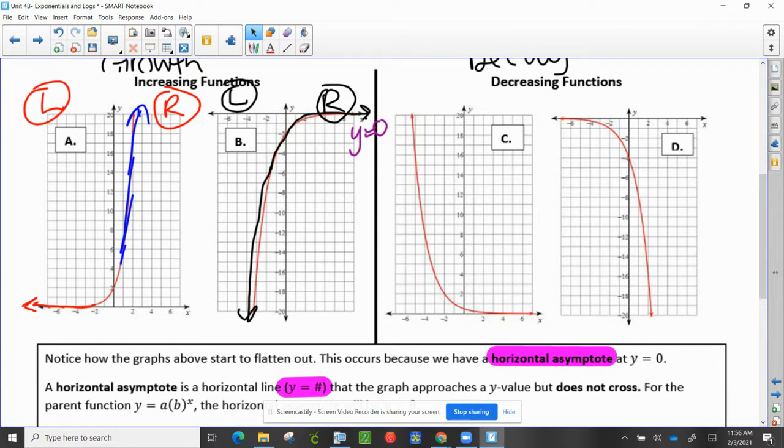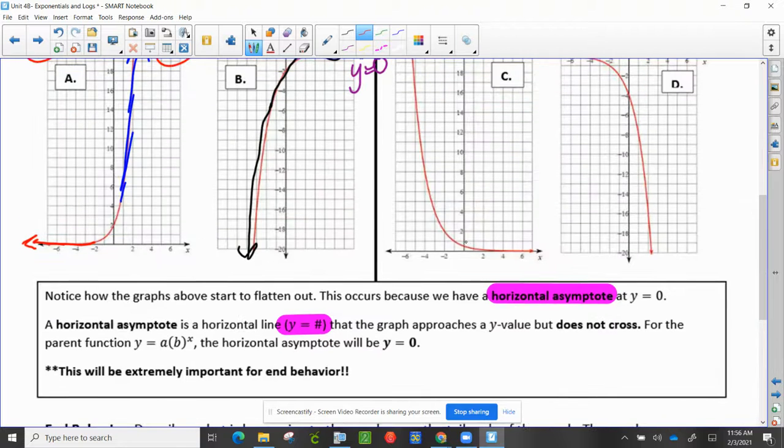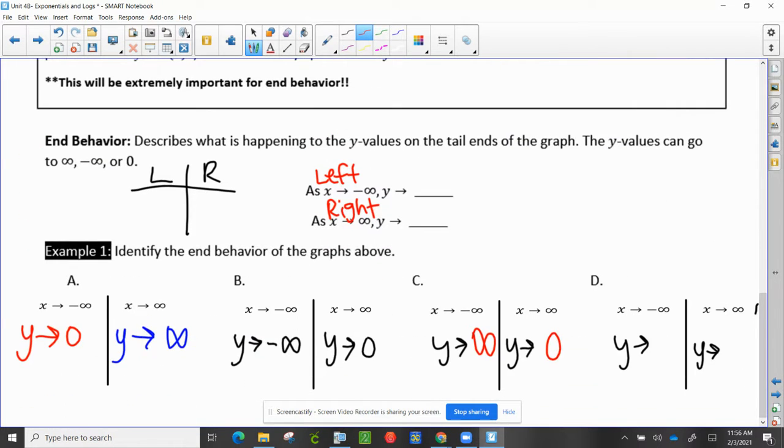And on the right, where is that graph going? So you're just going to fill in the parts here next to the y. Okay, so if we look at graph C, y on the left is going up forever. So that's headed towards positive infinity. While on the right side, the function kind of curves and then starts to flatten out. So it's approaching our asymptote at 0.